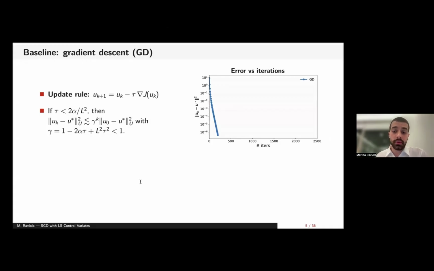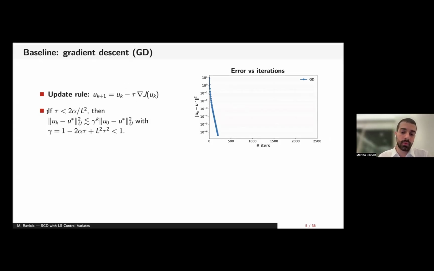Now, since it's a very nice setting, as I said, a very simple algorithm in principle could work, right? Everybody, I think, is familiar with gradient descent, where the update rule is just to update the current design u_k with a step in the direction of the gradient with some constant step size.